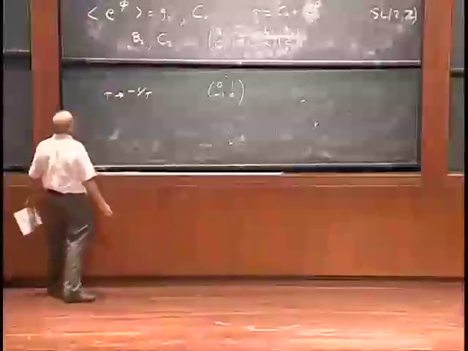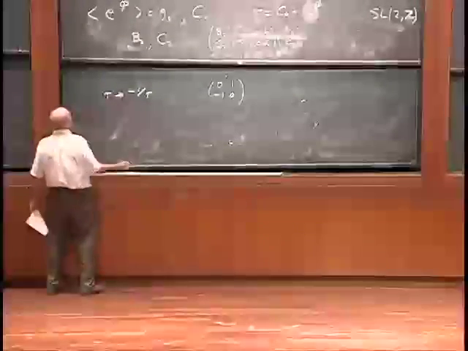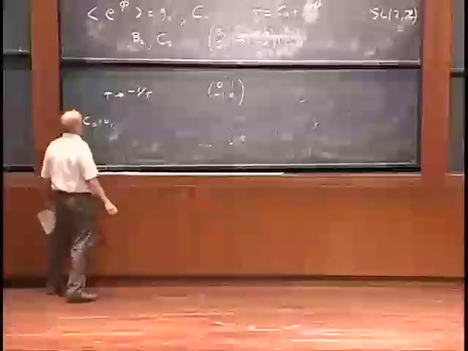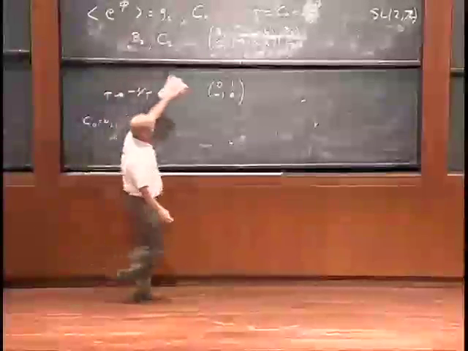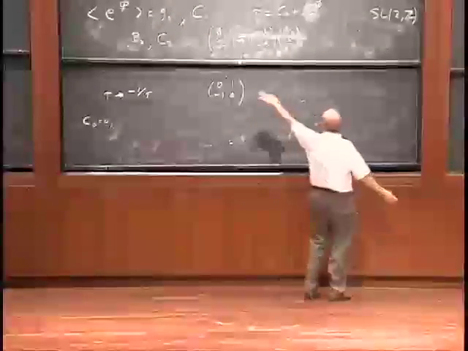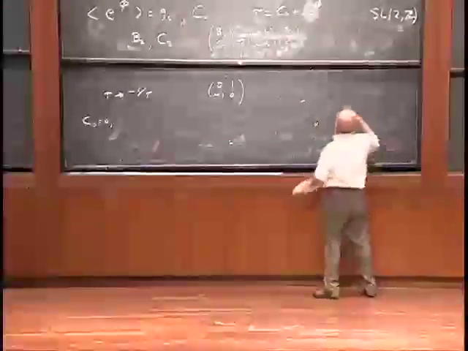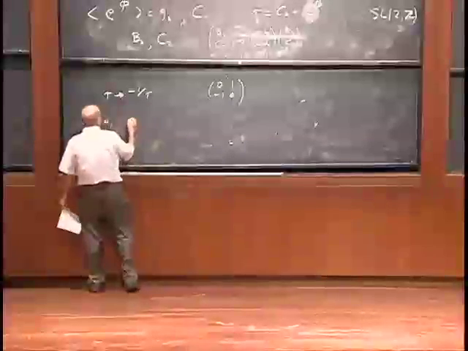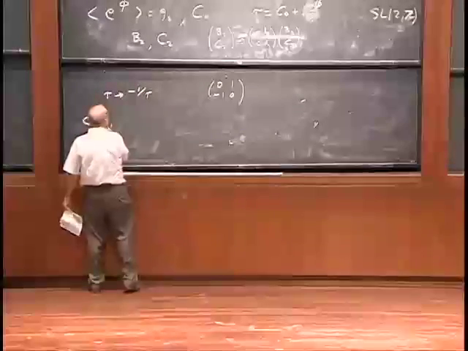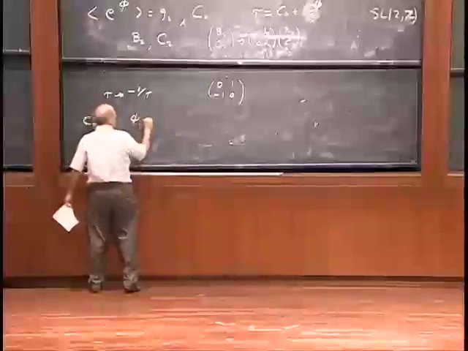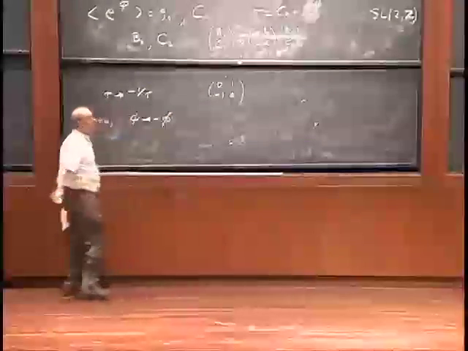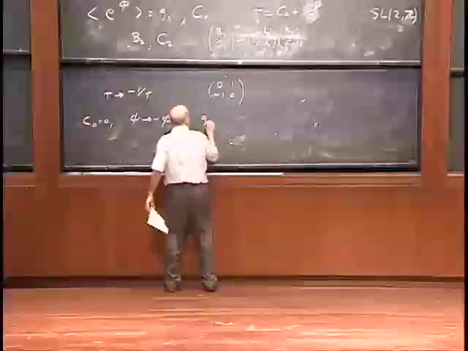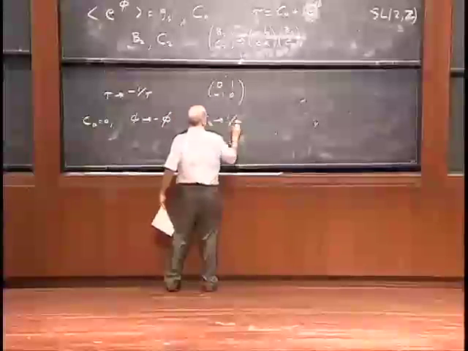Now, suppose we look at a particular geometry in which C0 is 0. And then inverting tau, tau goes to minus 1 over tau, is just taking e to the minus phi to e to the phi. So this transformation, when C0 is 0, just sends phi to minus phi. But in terms of the vacuum expectation value, that's sending the string coupling constant to its reciprocal.